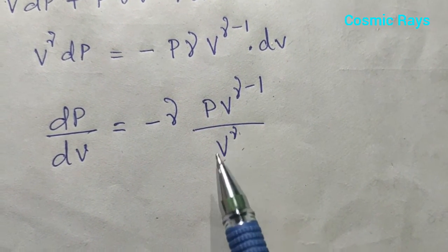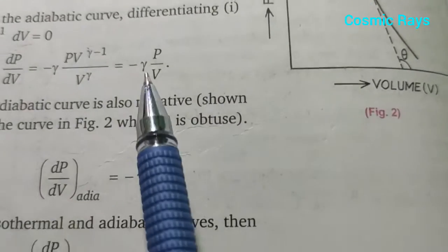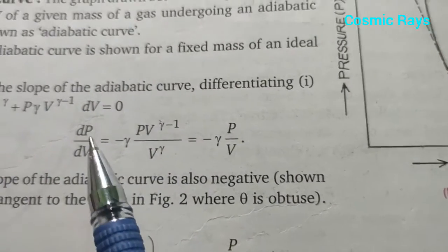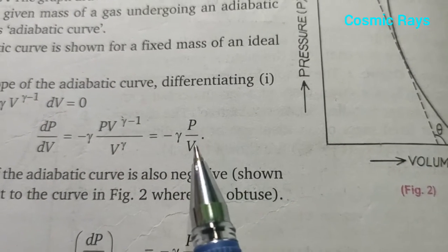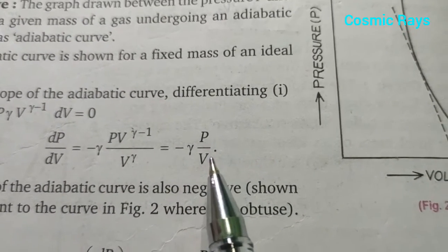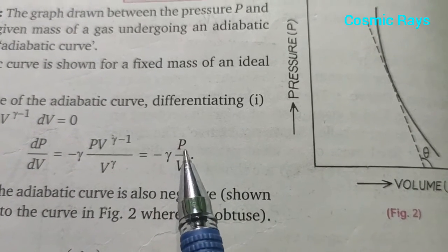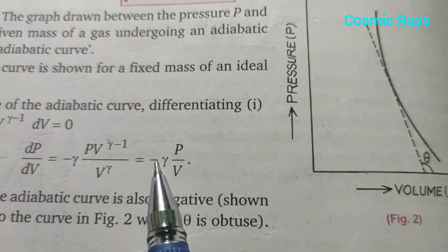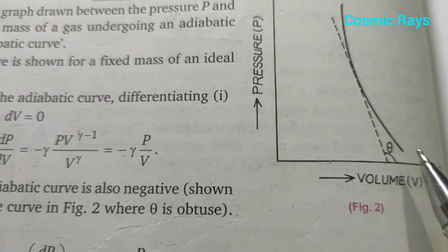So V will come in the denominator, and that is how we get dP upon dV is equal to minus gamma P upon V. So this is the slope of adiabatic curve and it is negative. So we know that the value of theta is obtuse.